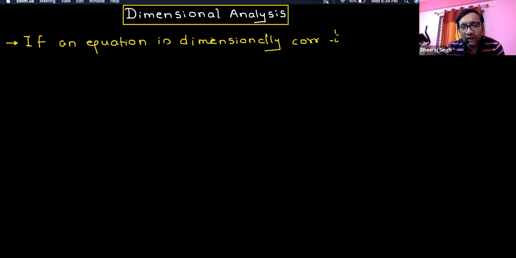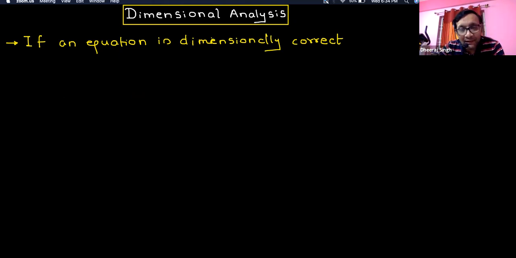The dimension of the left hand side is equal to the dimension of the right hand side. For example, v is equal to u plus at. These two velocities have the same dimension, meter per second, and acceleration into time also has the same dimension. This is what it means. We'll discuss it anyways. You first please write down.